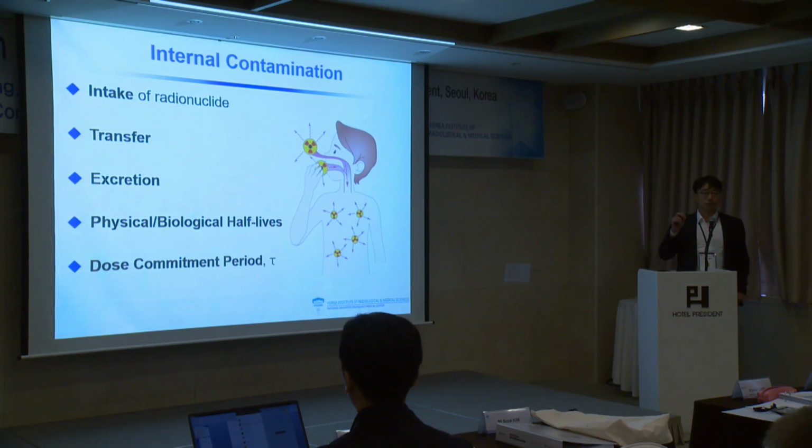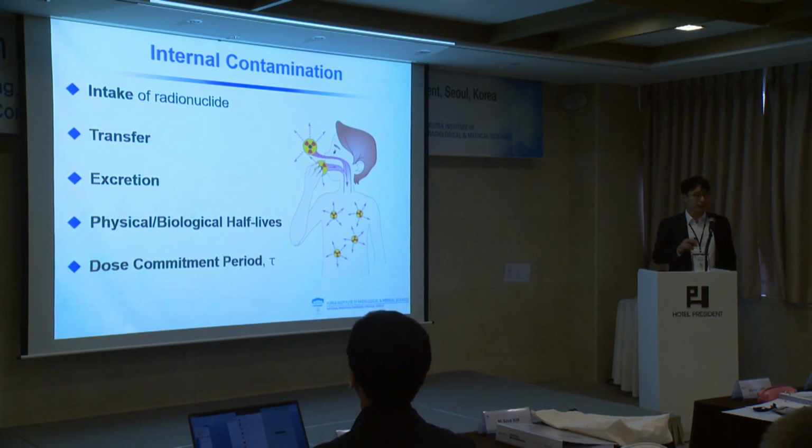This physical half-life is determined by the type of radionuclide. For example, in the case of cesium-137, its physical half-life is 30 years. And in the case of iodine-131, it's very short, just 8 days.